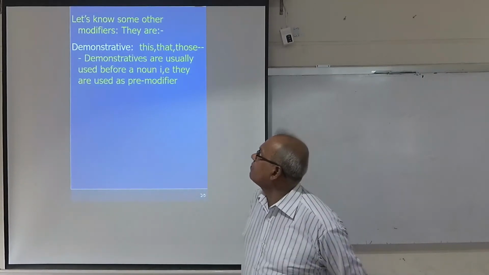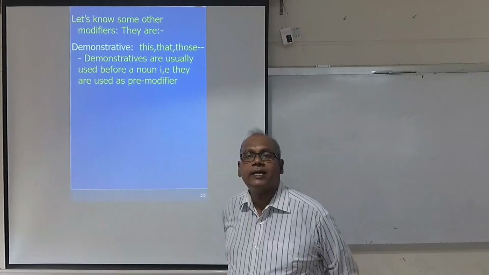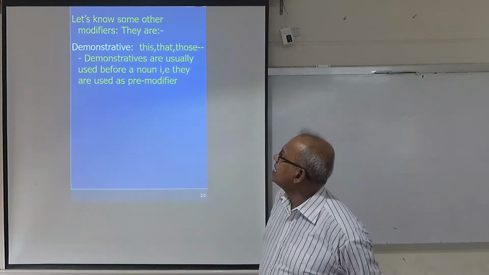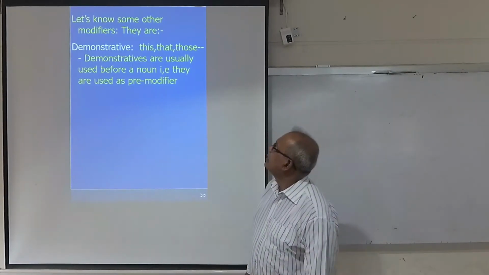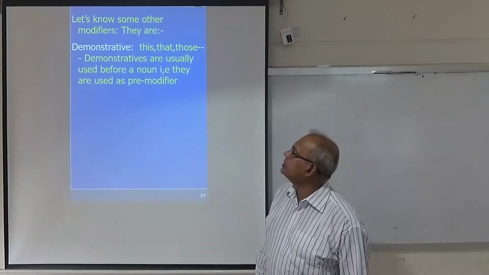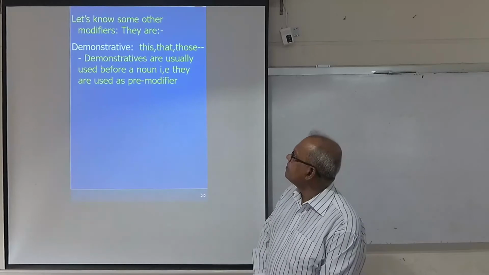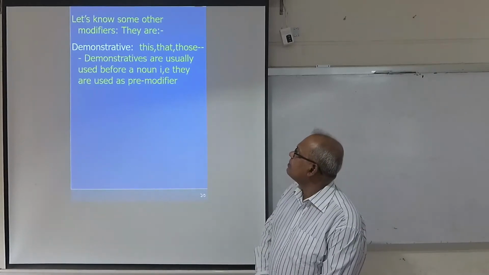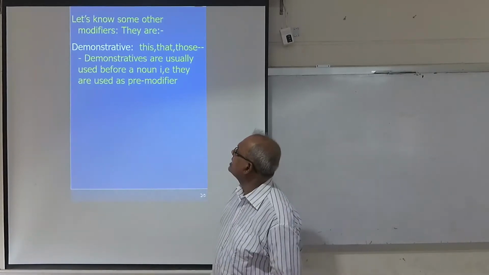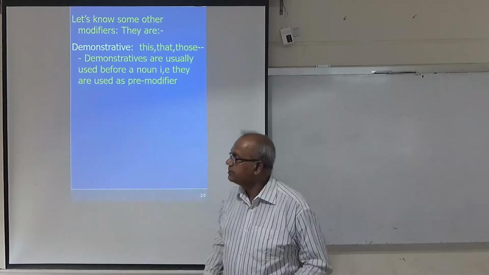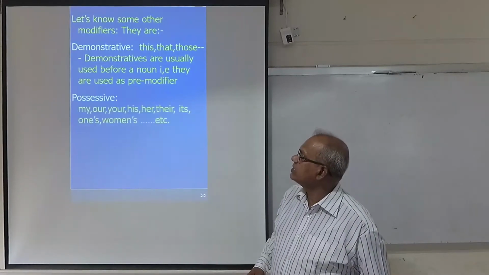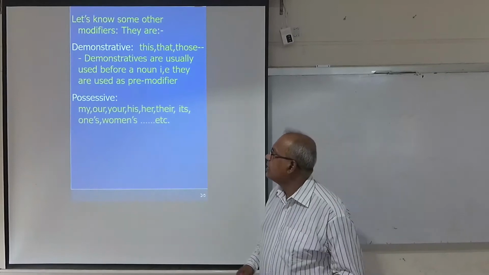Next, let's know some other modifiers. Other modifiers, they are demonstratives: these, that, those. Demonstratives are usually used before a noun. That means they are used as pre-modifier. Yes, students, next, possessive is very important.